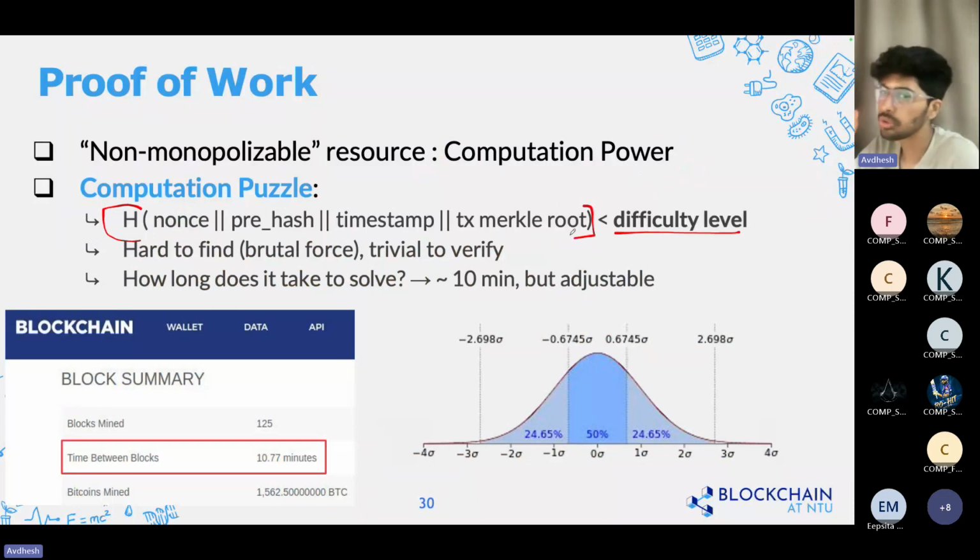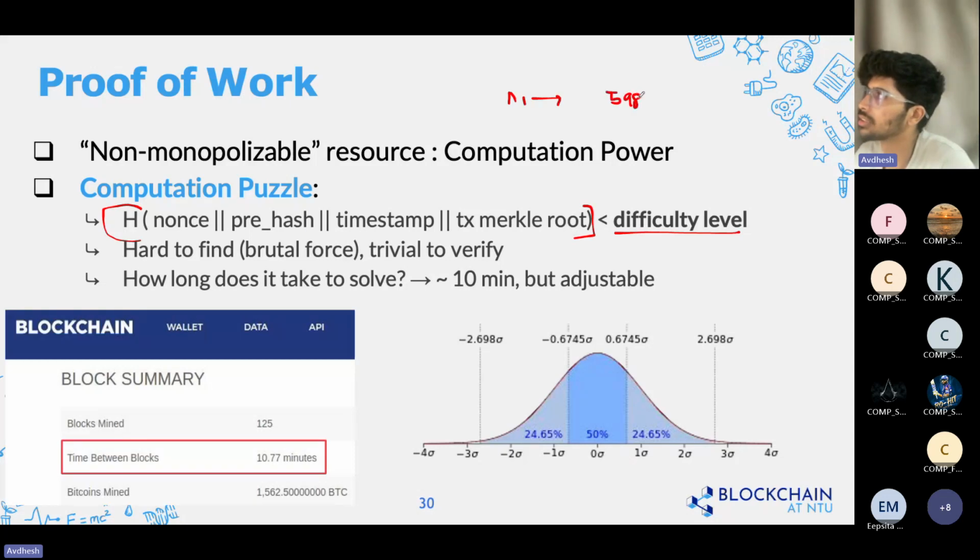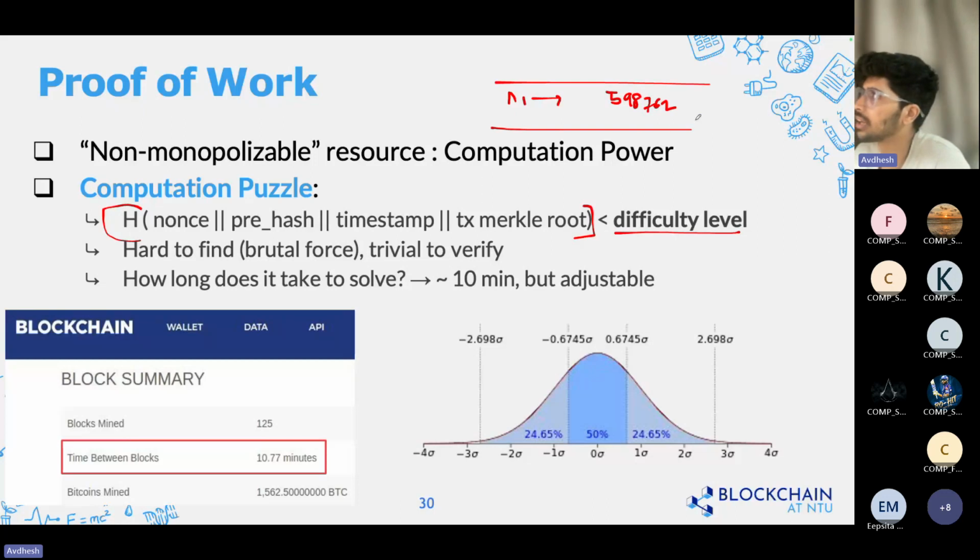You don't have to exactly predict the nonce, but you have to predict it in some way. If the nonce of n1 is, let's suppose, 5, 9, 8, 7, 6, 2, what you can propose is a bit above or below. What you need to calculate is maybe 5, 9, 8, 7, 0, 0, or 5, 9, 8, 0, 0, 0. You have to be as close as possible to the nonce. That's the whole definition, I would say.